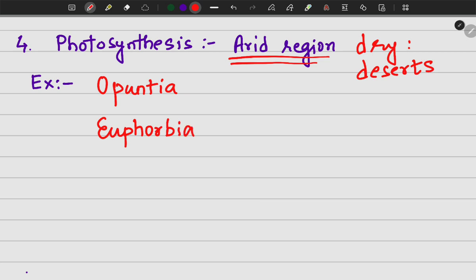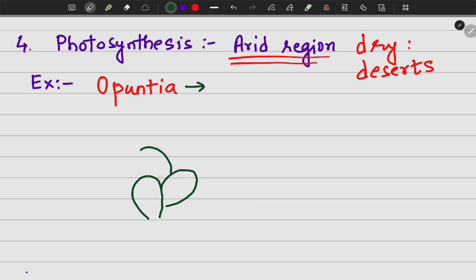These are the plants which are found in the arid region, and what happens in them is that their stems modify. In case of Opuntia, the stem gets flattened like this. So Opuntia is a type of cactus, and we all know how a cactus looks. It looks somewhat like this.